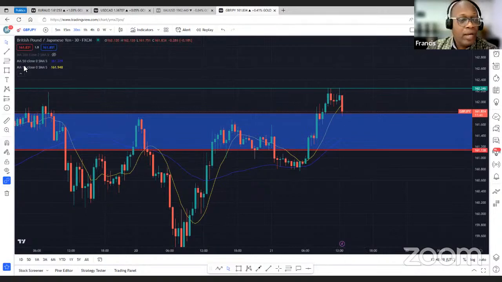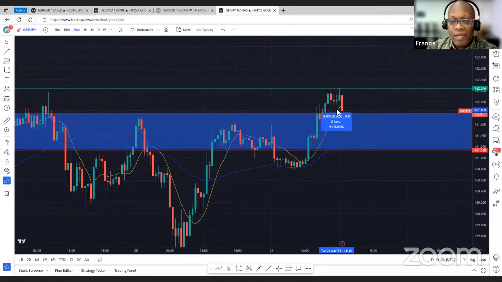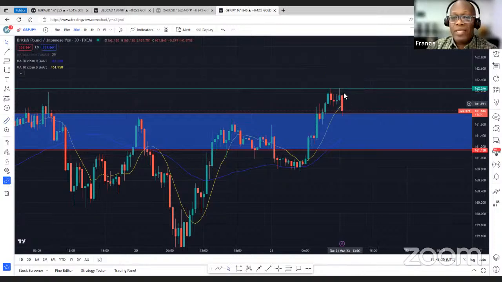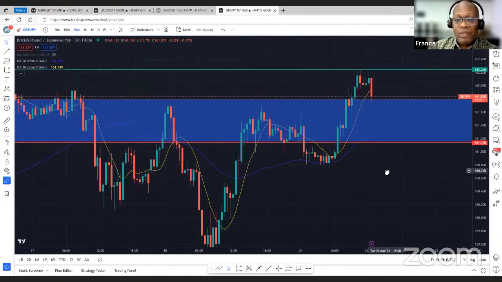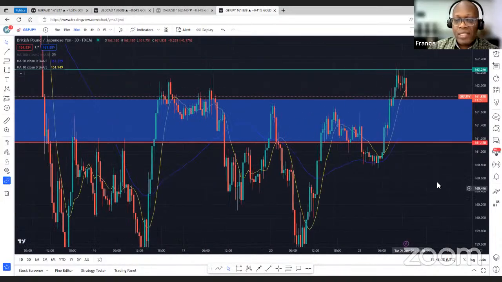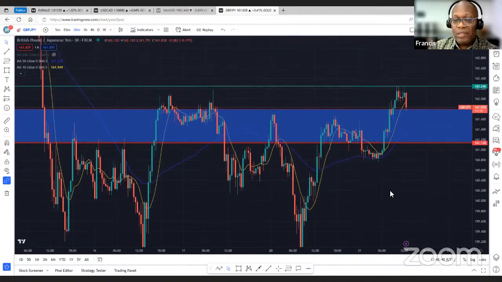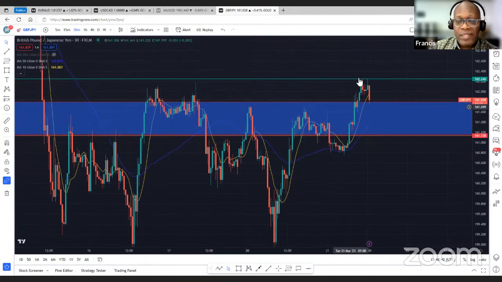If it ends up as a bullish candle, really, but preferably I want it to break above this green line, or the recent highs, for a buy. That's the way I'll be looking to trade that one.